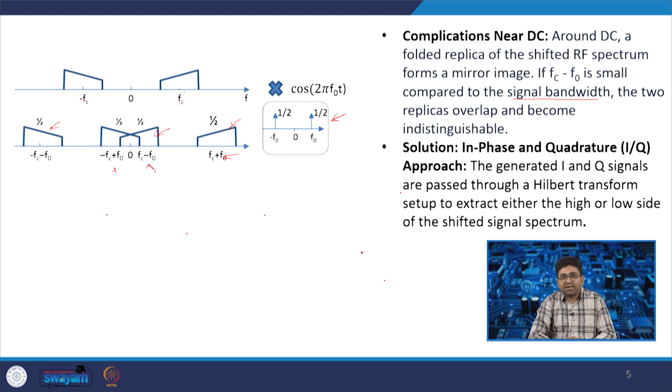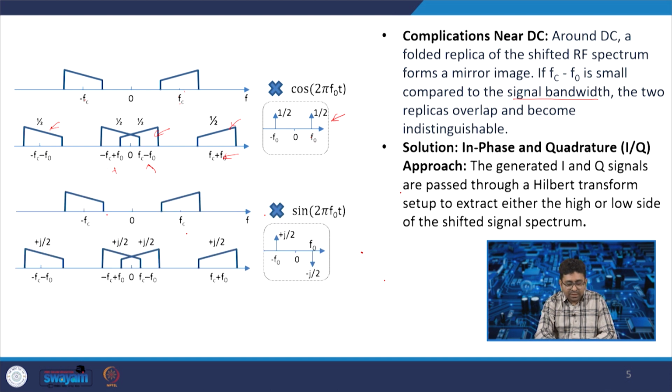The in-phase and quadrature approach. So, we use a cosine and a sine. When you multiply with the sine, we will get plus j by 2 amplitude at f naught and minus j by 2 amplitude at minus f naught.